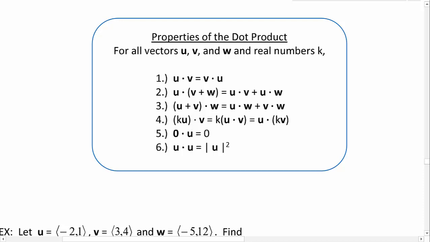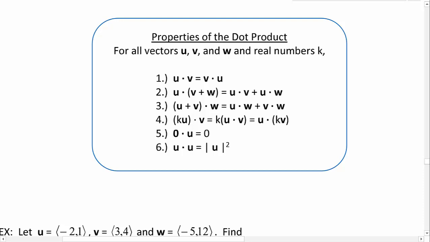Property number 2 says that we can distribute the dot product over a sum. So if you have u dot the sum of v plus w, we could add those vectors together first and then dot it with u, or you can distribute the dot product and get u dot v plus u dot w.